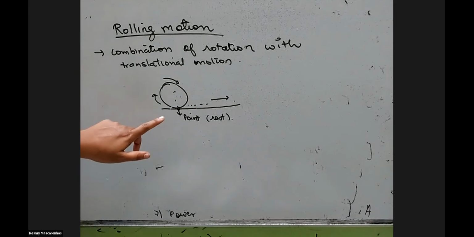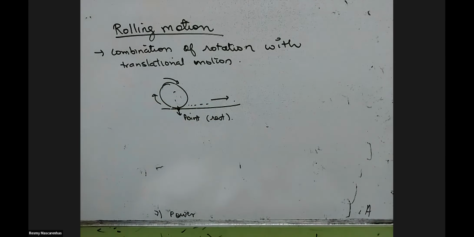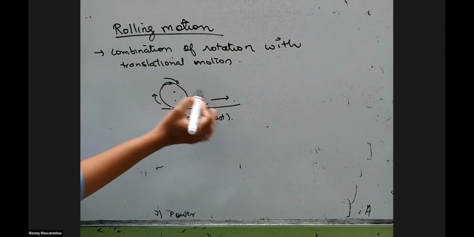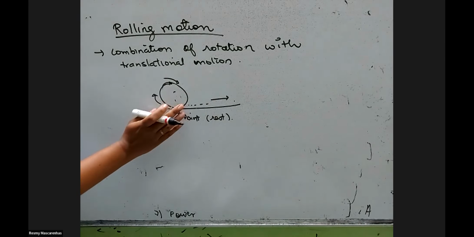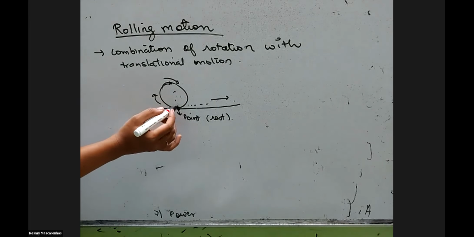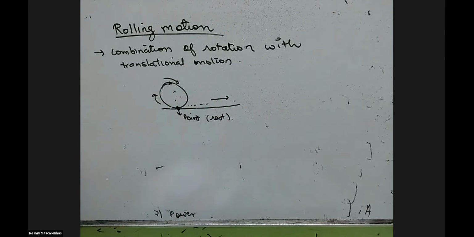Because the upper part is trying to go in front. This point is not going to go behind, but this point after some time will try to go here. So this is trying to move forward, but you can assume at a fraction of a second this is like stopped here, and this upper part is moving in front.